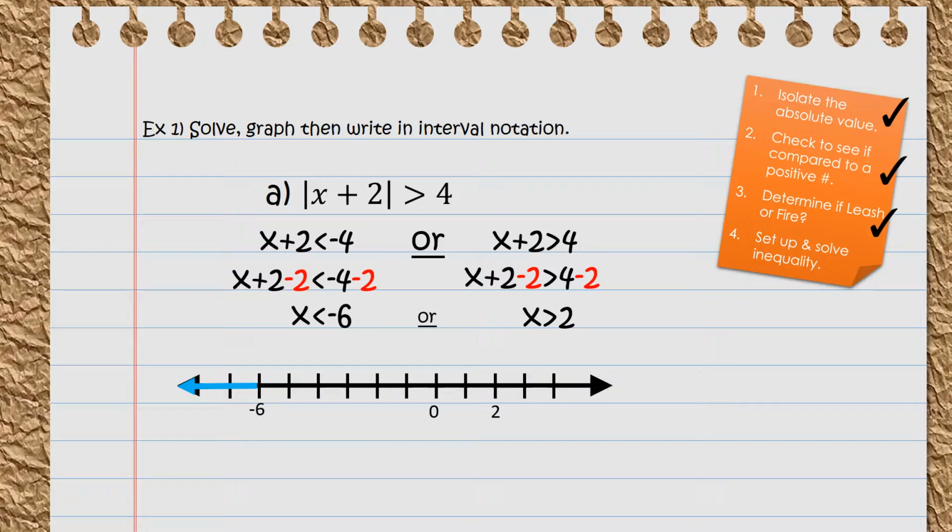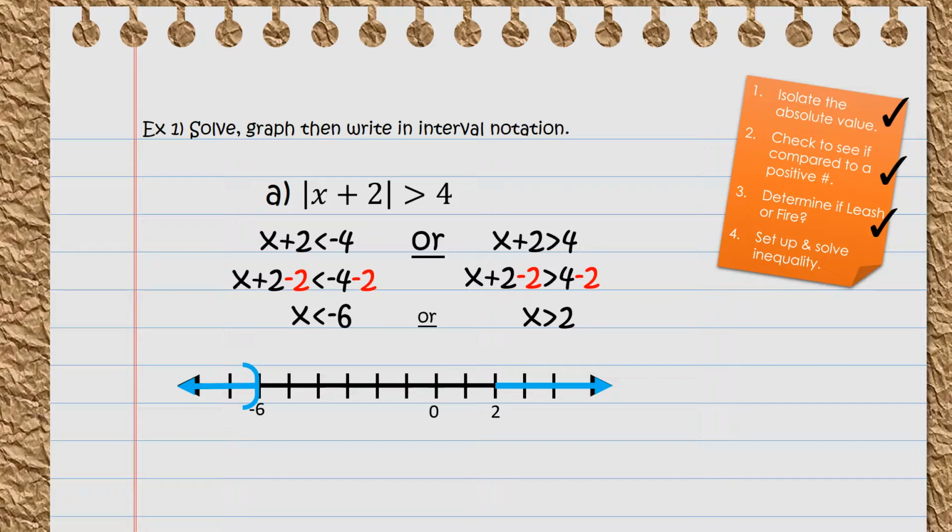Now at -6, we must decide, is it going to be a bracket or a parenthesis? And because it does not have an equal to, it will be a parenthesis. Next, we find x is greater than 2, so we find 2 on the number line, and because it's greater, we want the values that are larger, so we shade to the right of 2.